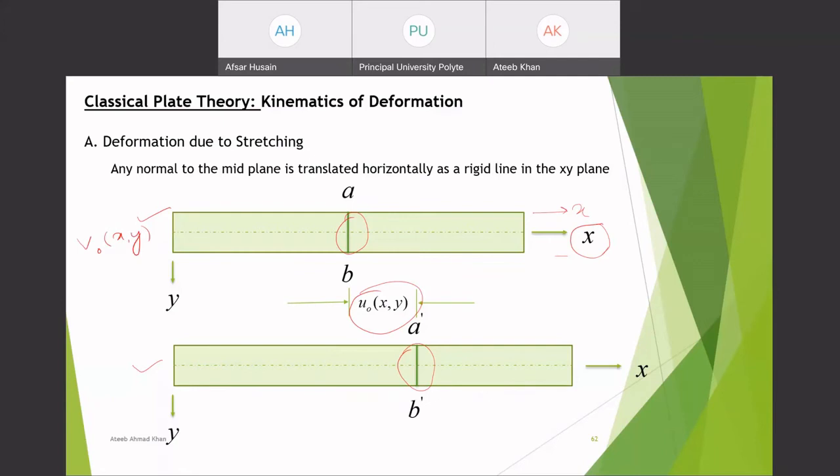In both directions there will be stretching of the transverse normal, only the magnitudes in the X and Y directions will be different.